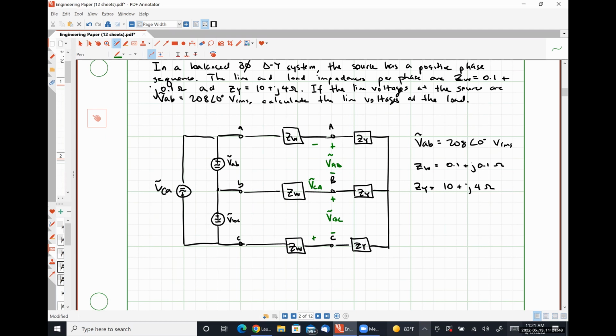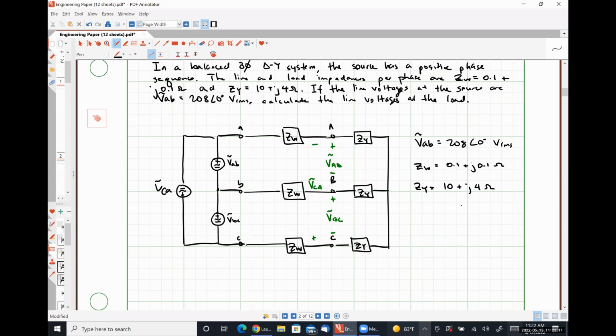So, in order for us to apply our YY or single phase equivalent circuit, we have to convert our delta connected source into a Y connected source. Right?